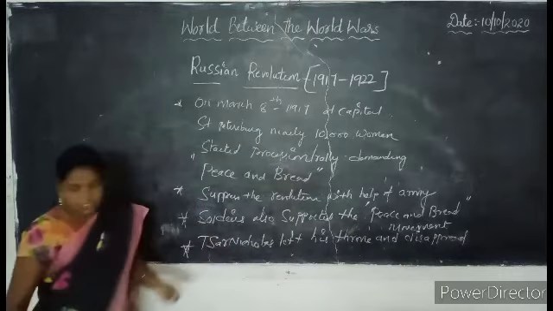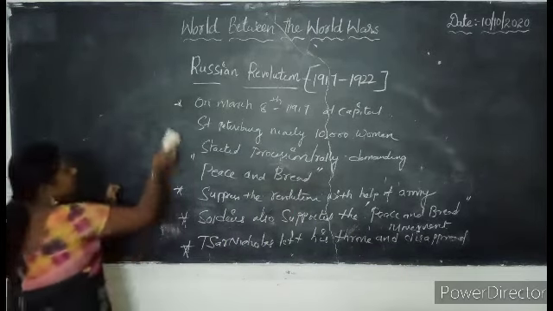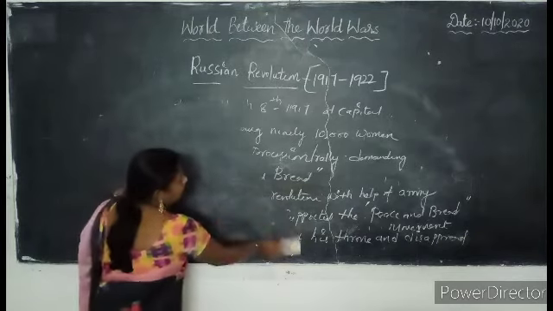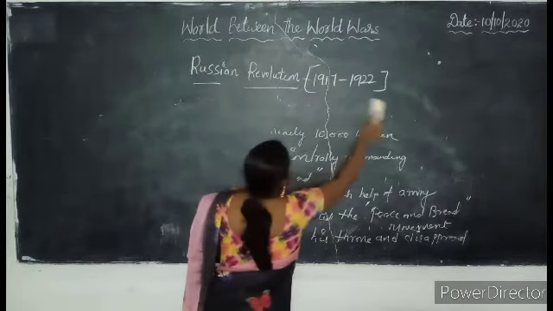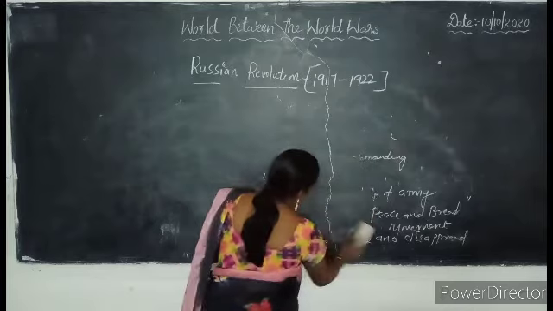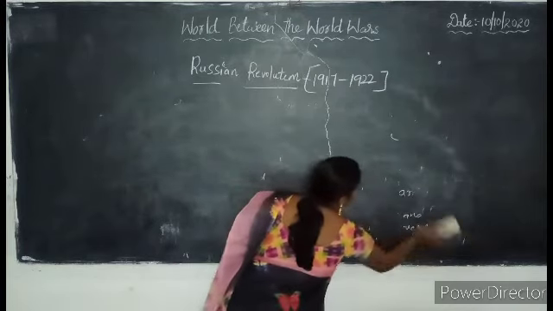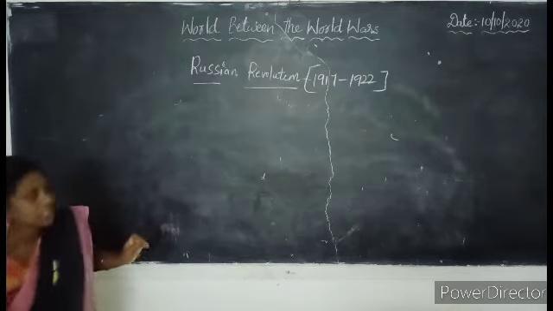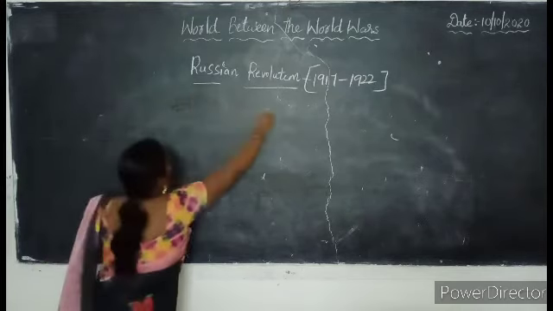After Tsar Nicholas left his throne in Russia, the provisional government was formed. When Tsar Nicholas left his throne, which government was formed?